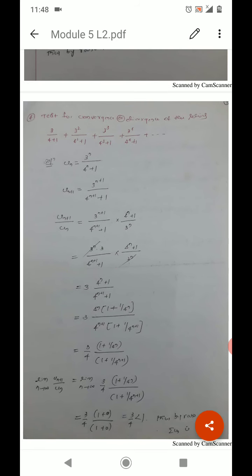On the right side we have the limit as n tends to infinity of 3 by 4 of (1 + 1/4 power n) divided by (1 + 1/4 power n+1). So applying the limit we have 3 by 4 of (1 + 0) divided by (1 + 0). Finally the result is 3 by 4, which is obviously less than 1, and hence the given series is convergent.